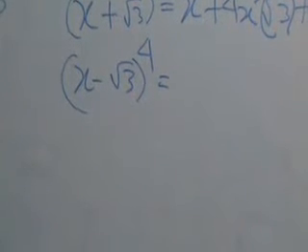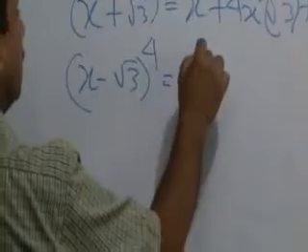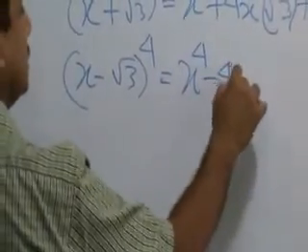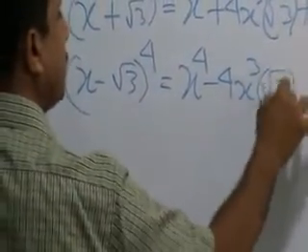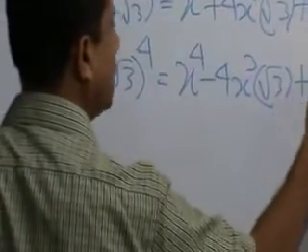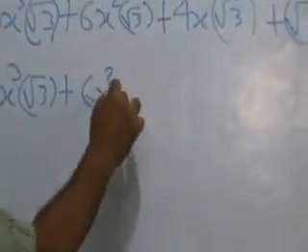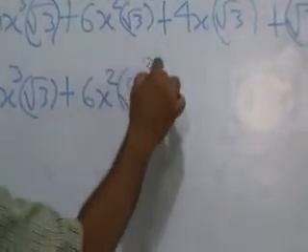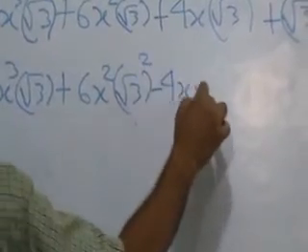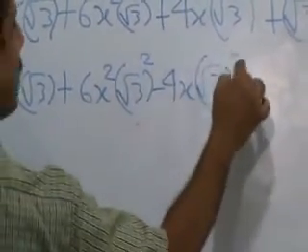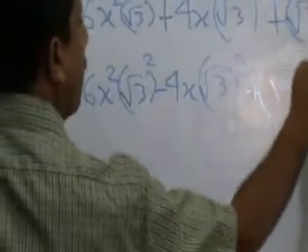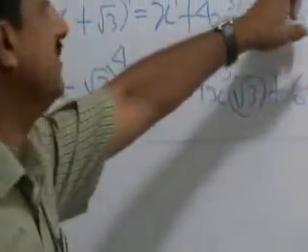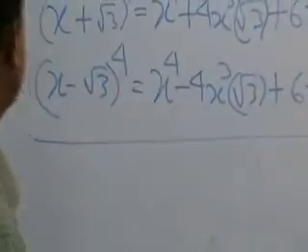So x to the power 4 minus 4x cube root 3, then plus again 3x square root 3 square, minus 4x root 3 cube, plus root 3 to the power 4. But if I add this, what will happen? Always the even terms are getting cancelled.